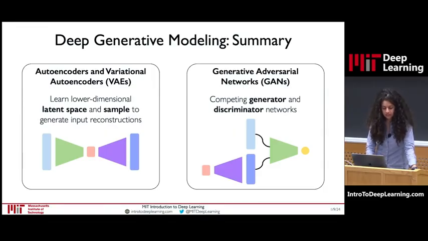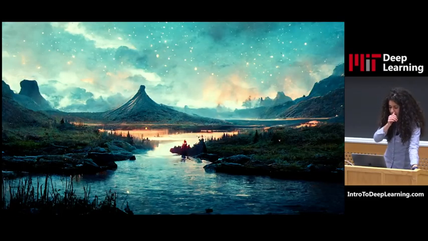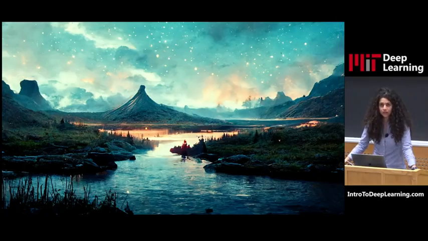And there is a particular class of models that have led to quite tremendous advances in generative capabilities, not just in images, but in many other domains.